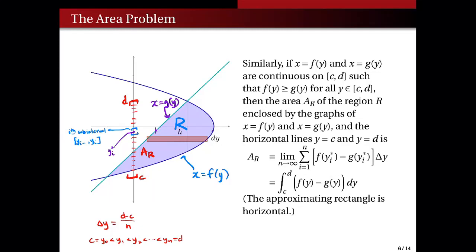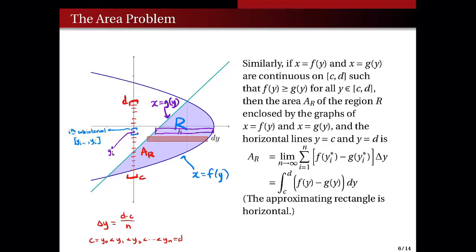And we will be able to construct a rectangle. The length of this rectangle will be f of y sub i star minus g of y sub i star, and the width is your delta y.